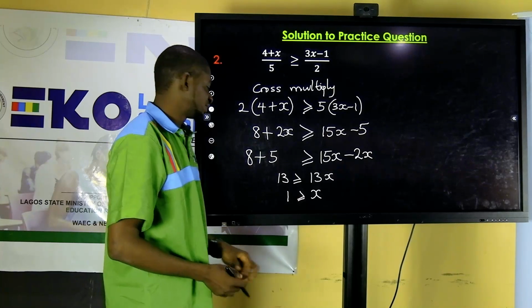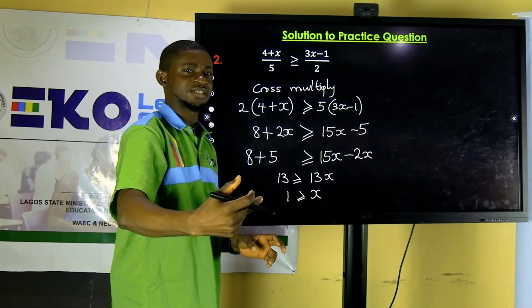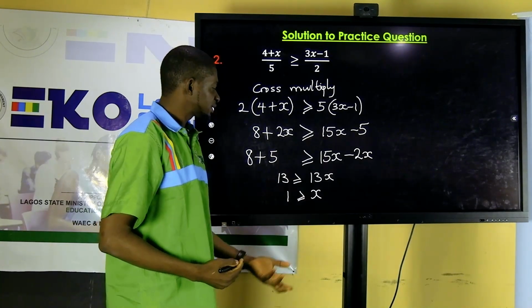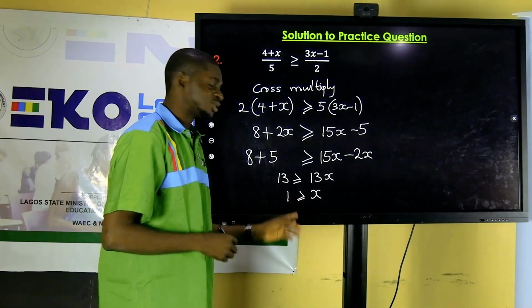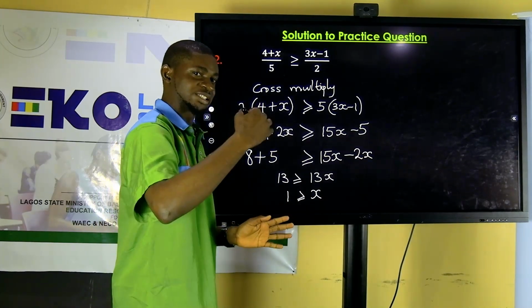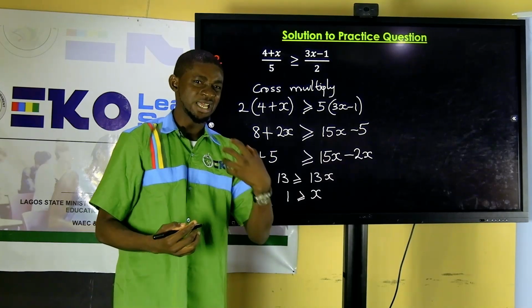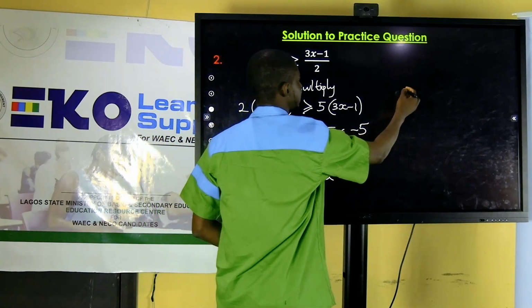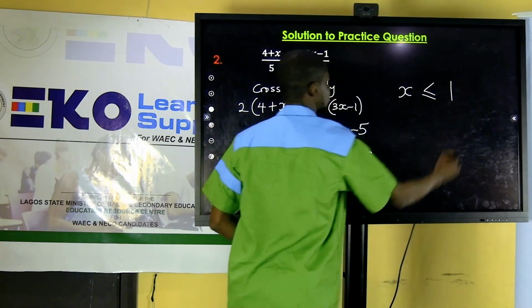Let's first understand this. This means 1 is greater than or equals to x. So if I want to reverse it, I will say x is less than or equals to 1.